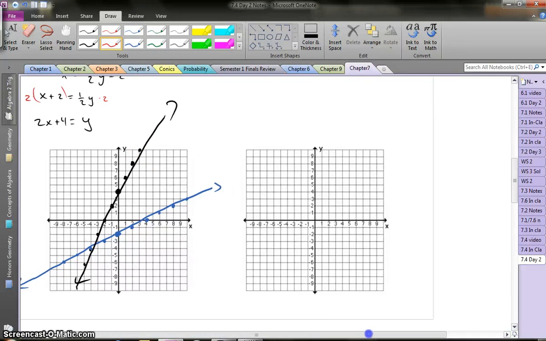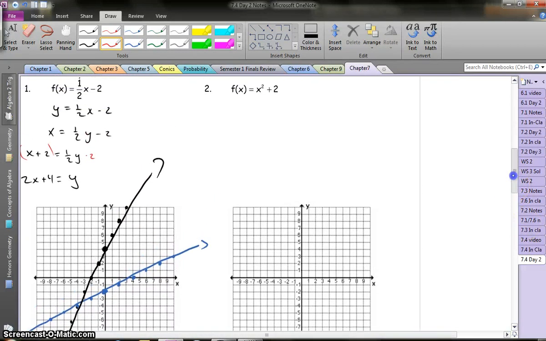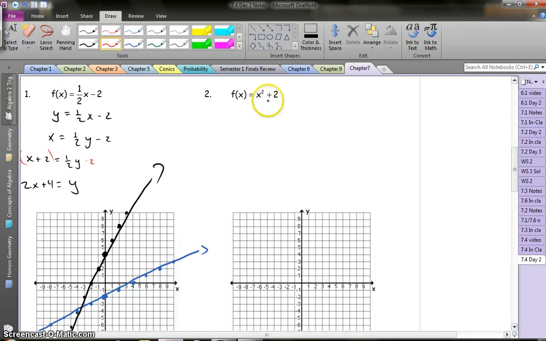Alright, so f of x equals x squared plus 2. Well, x squared plus 2, and we know it has a vertex at 0, 2. Alright, and then we can plot from there.